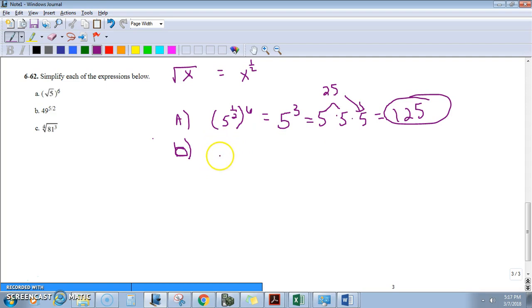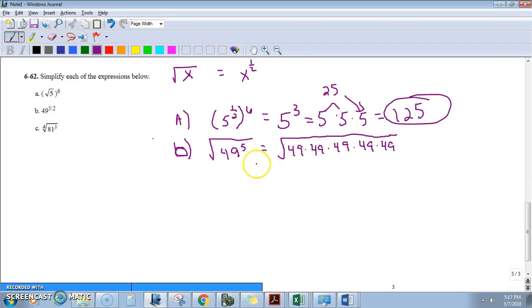What that means is the square root of 49 to the 5th power. What is that really saying? That is really saying the square root of 49 times 49 times 49 times 49 times 49, right?